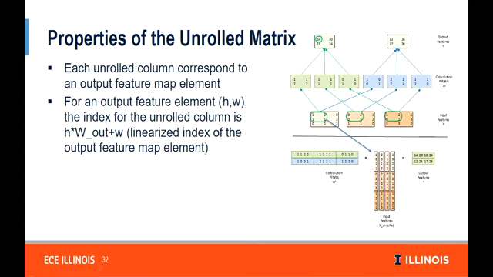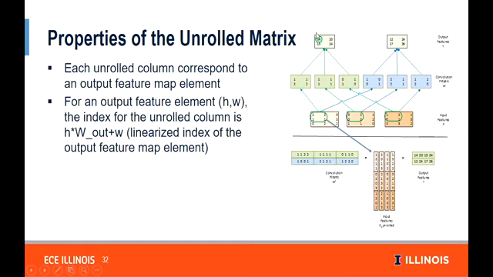So if you have an H out by W out output feature map, and you have M of those, the H out times W out will give you the number of columns you have in that matrix. Does that make sense?